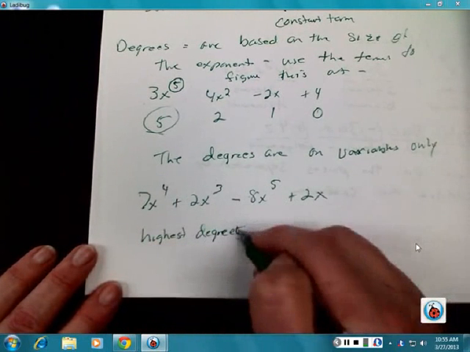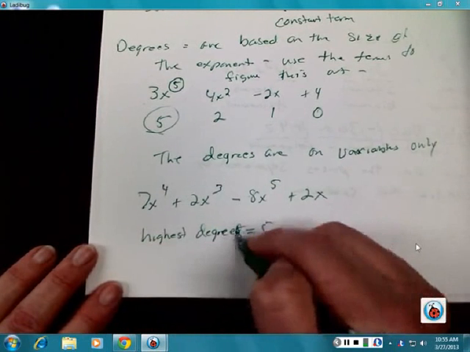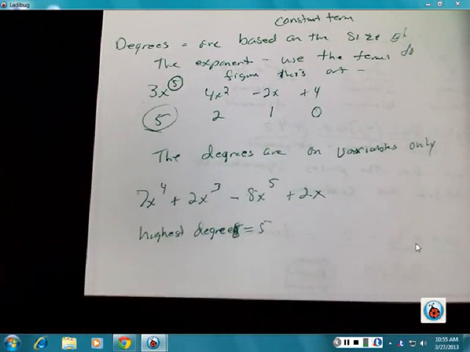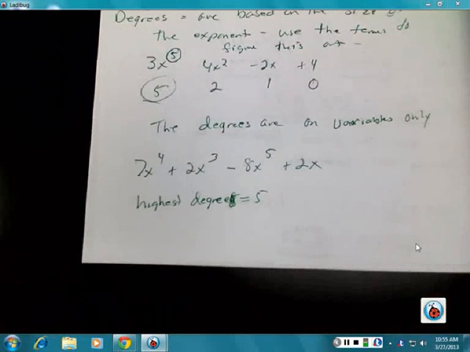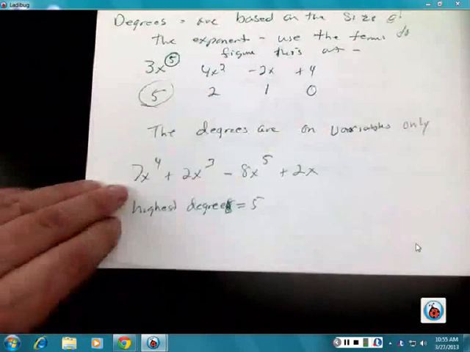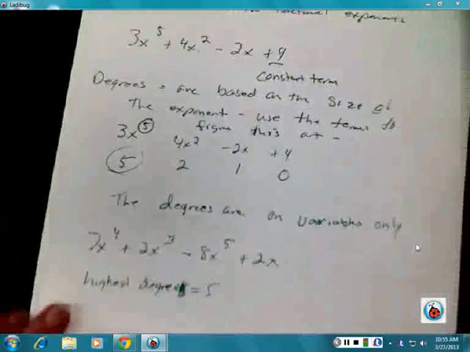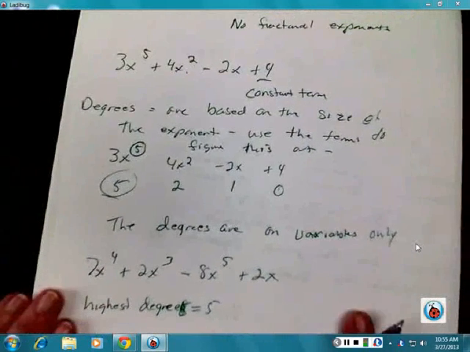Okay? Now the leading coefficient. We're going to get degrees down first. We okay with degrees?